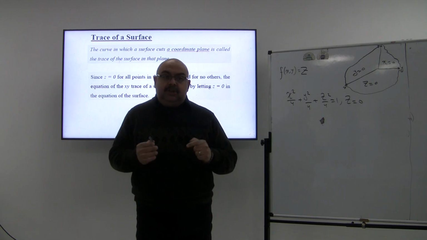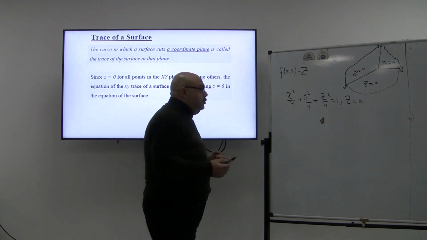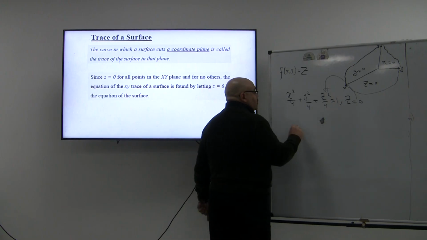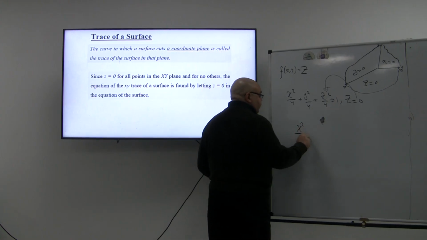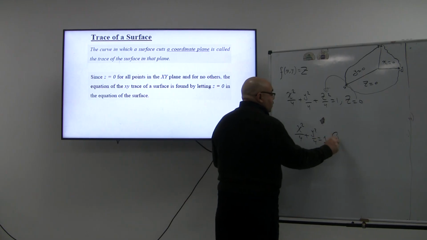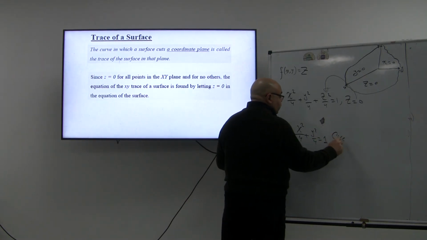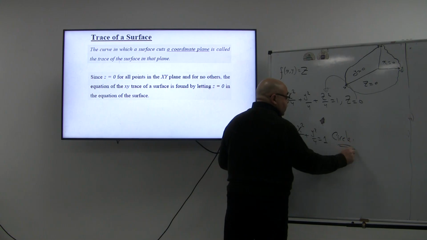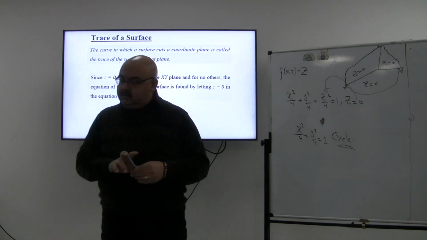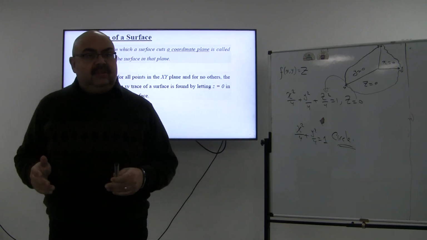All I have to do is to substitute this value into z. Then you will have x squared over 4 plus y squared over 4 equal 1, which is an equation for a circle, as you can see, with the center at 0, 0 and the radius equal to 4.